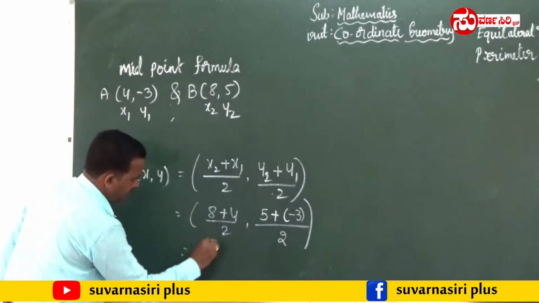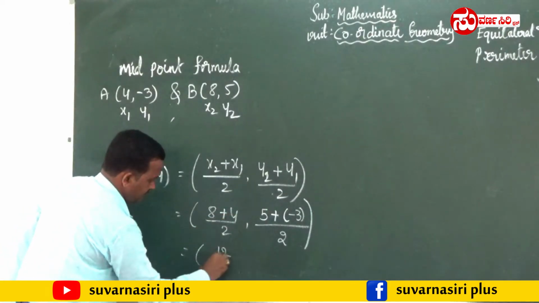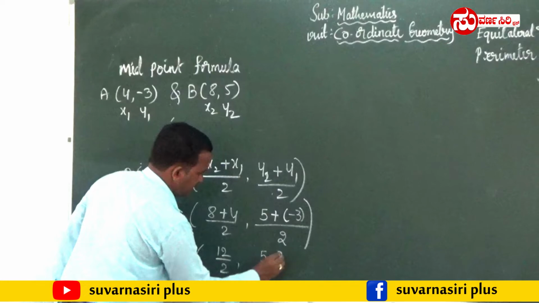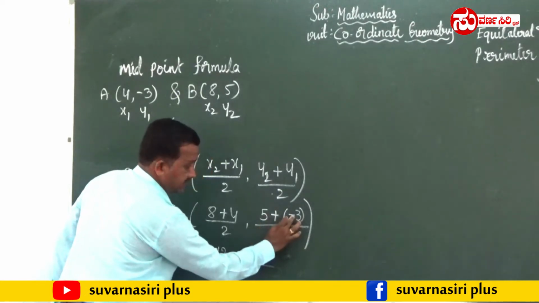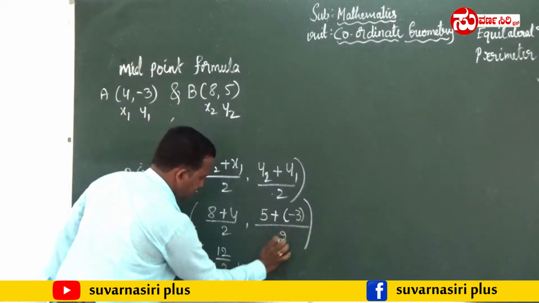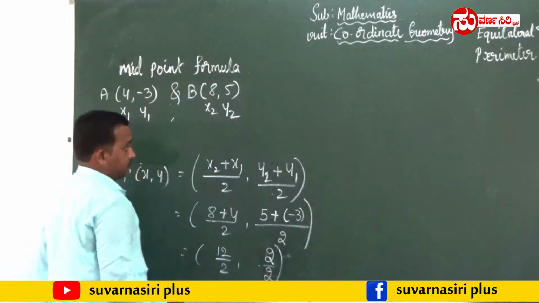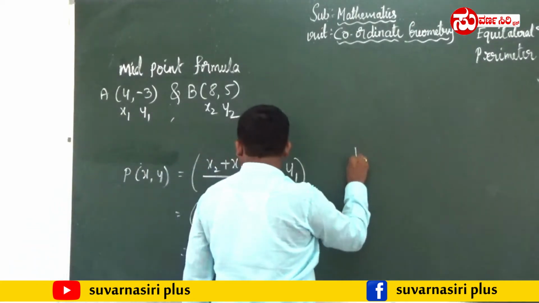So just simplify. 8 plus 4, 12 by 2. 5 minus 3 is 2, divided by 2. So cancel that.